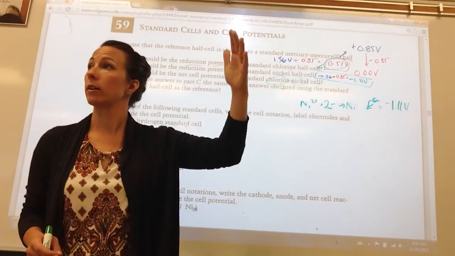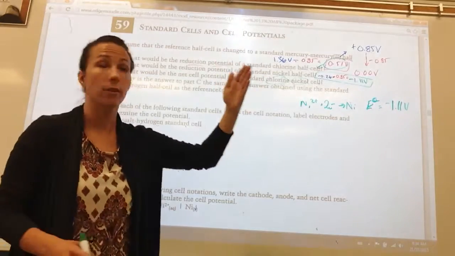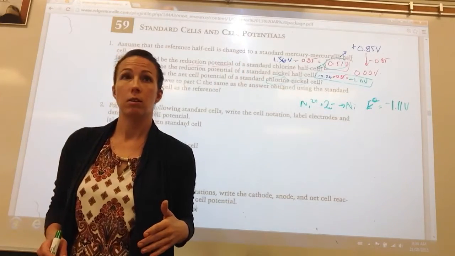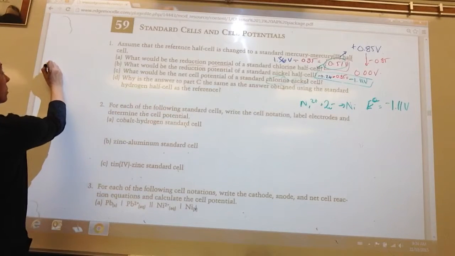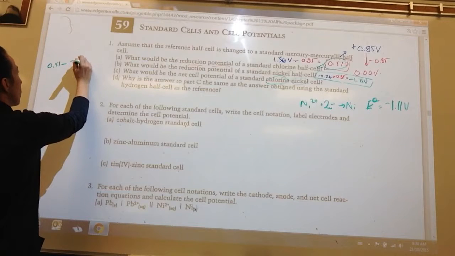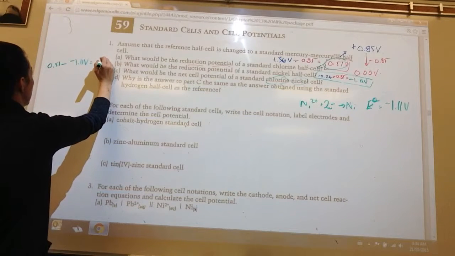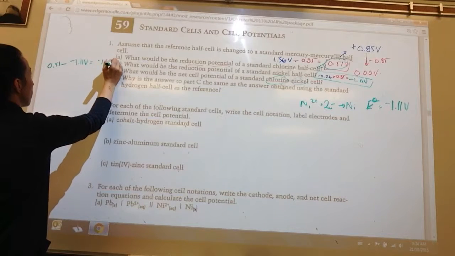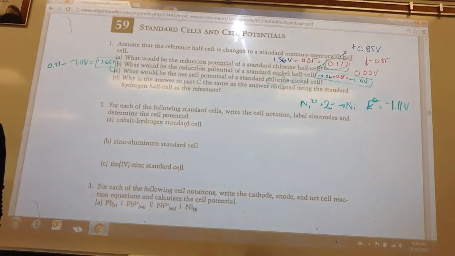The 0.51. The chlorine is higher on the table than nickel. Okay? So 0.51 cathode minus the anode, negative 1.11, and I get positive 1.62 volts for C. Everyone okay with that?